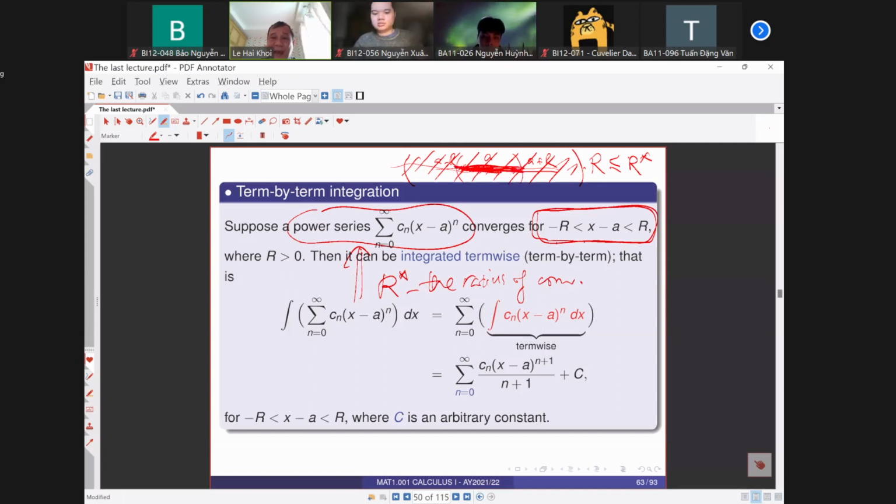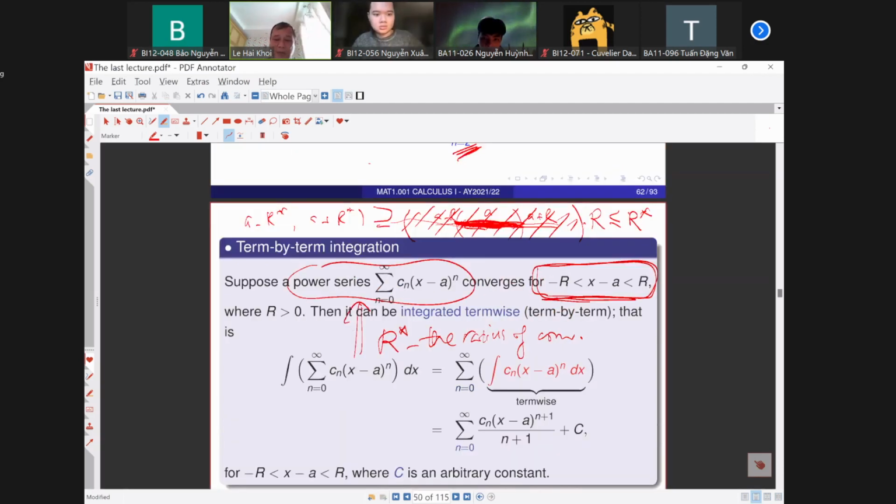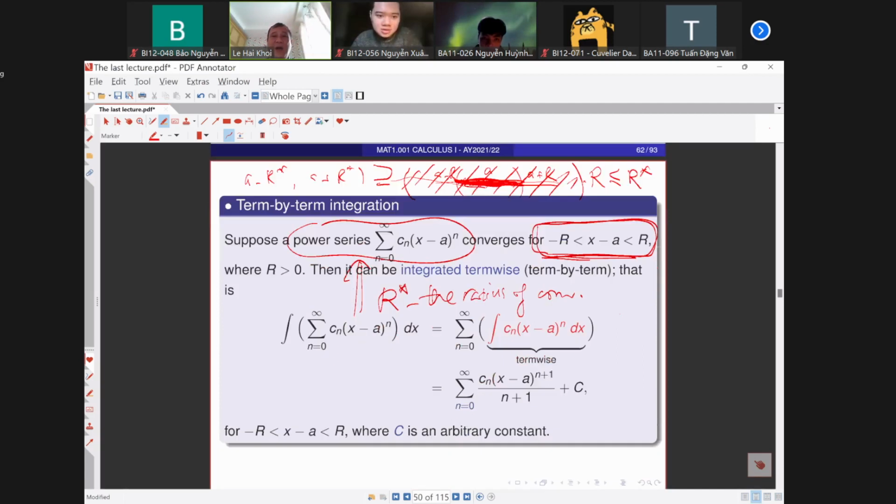Don't talk about the endpoint inside the interval bigger than that, because at least it converges. That is, this part belongs to (a minus R star, a plus R star), right? So that's why you should pay attention. Sometimes you always think we are talking about the radius of convergence.